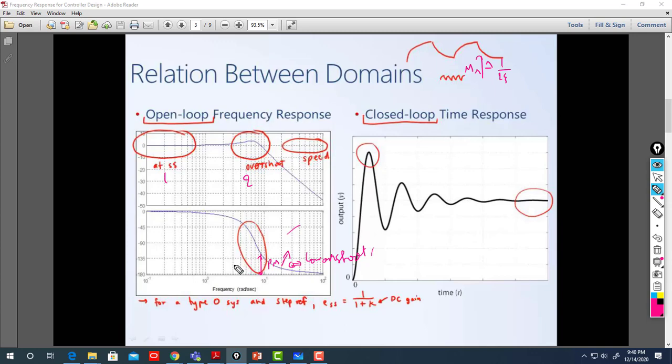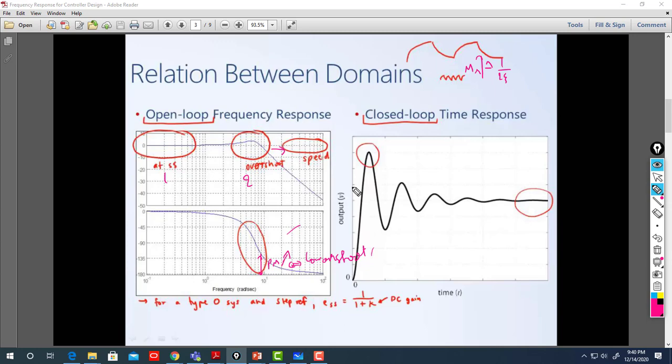Third, if you move the crossover frequency in this direction, this will lead to a faster response in the time domain.